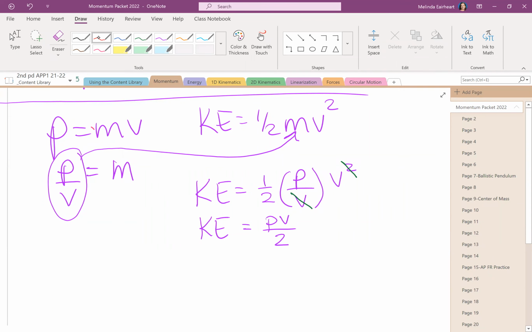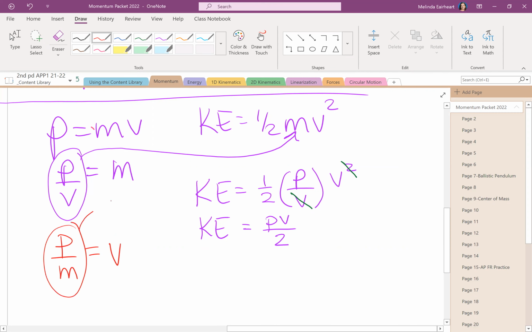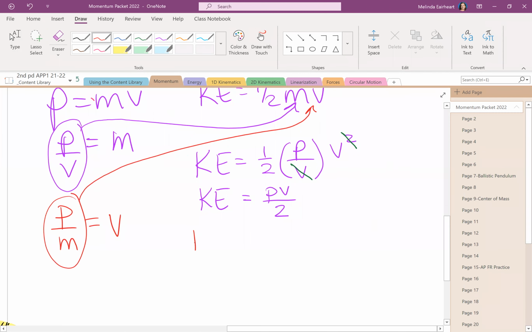What if we solve it the other way? What if we solve for V, it'd be momentum over mass. And I can plug this in to the V. And so we'd get KE equals 1/2 M times P over M squared. Now be careful here, who gets squared? Both.